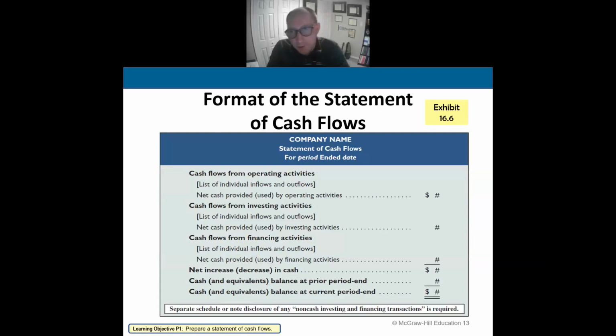If the business is taking out a loan, meaning I'm receiving cash to operate my business through a loan that I took out from the bank, the cash coming in and out of the business is through financing activities. It's a form of financing, right? I'm financing that by taking out a loan.